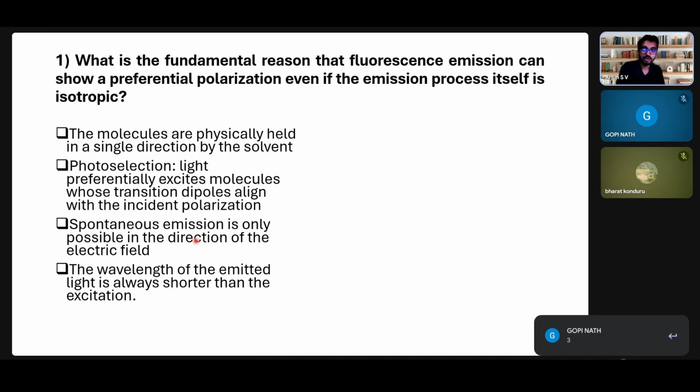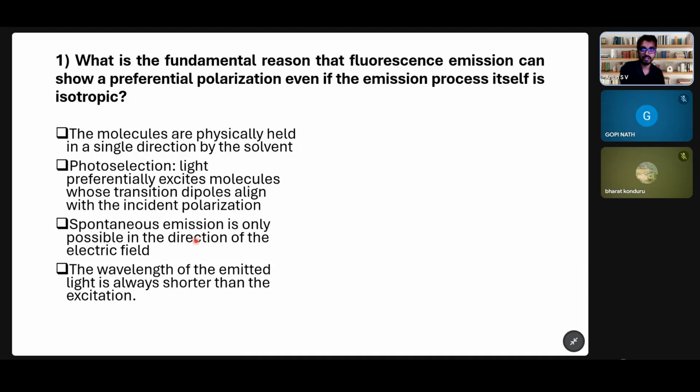Spontaneous emission is only possible in the direction of the electric field, but two things are there. One is that the answer might not be completely correct, because even if the electric field direction of the molecules is at an angle with your polarization, then also you are getting some sort of fluorescence emission.